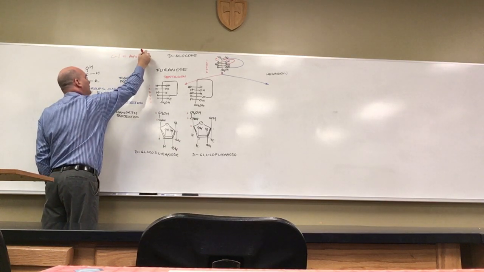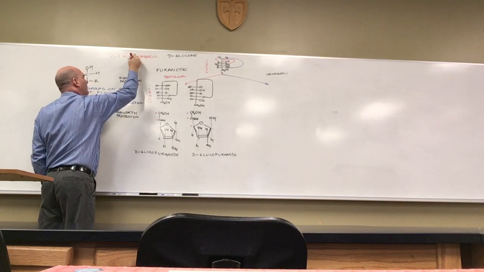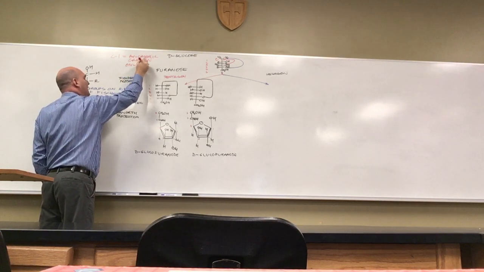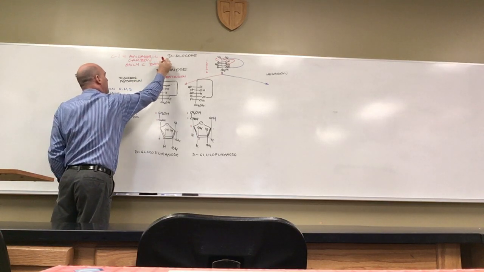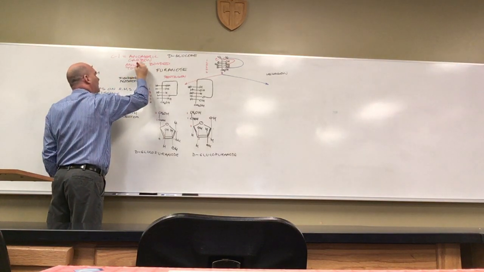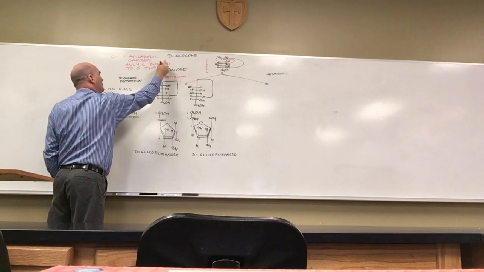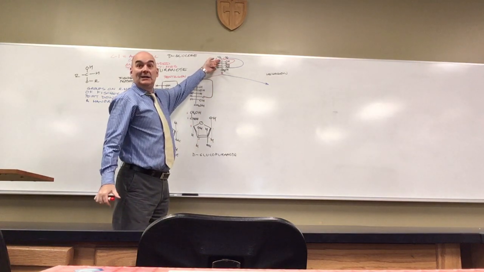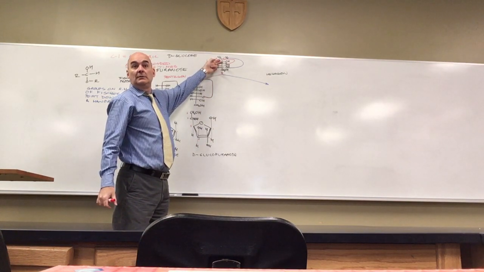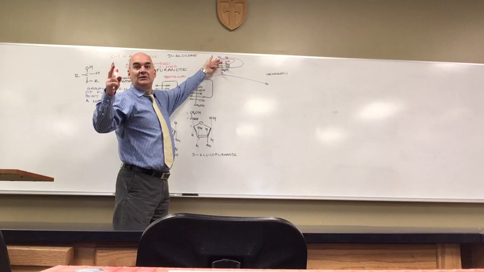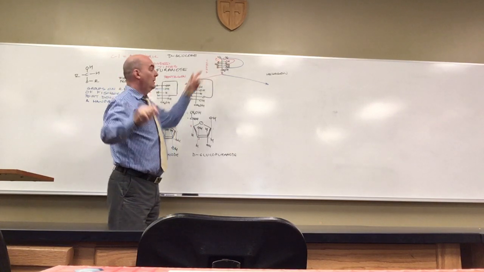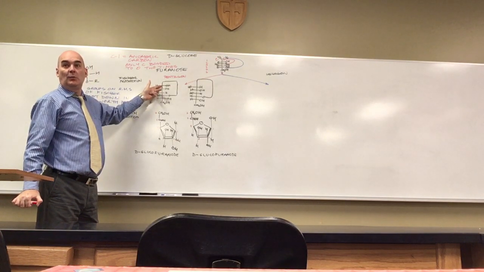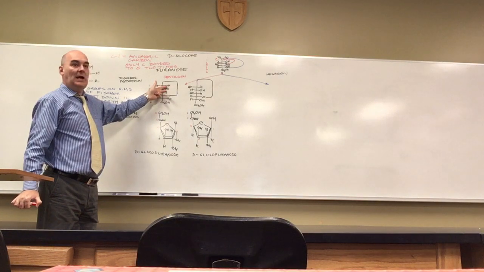Carbon number 1 is a special carbon. It is called the anomeric carbon because it is the only carbon bonded to oxygen 2 times. In the free aldose, it has a carbonyl. That is a carbon bonded to an oxygen 2 times. When you turn it into the hemiacetal form, carbon number 1 is holding on to an alcohol.